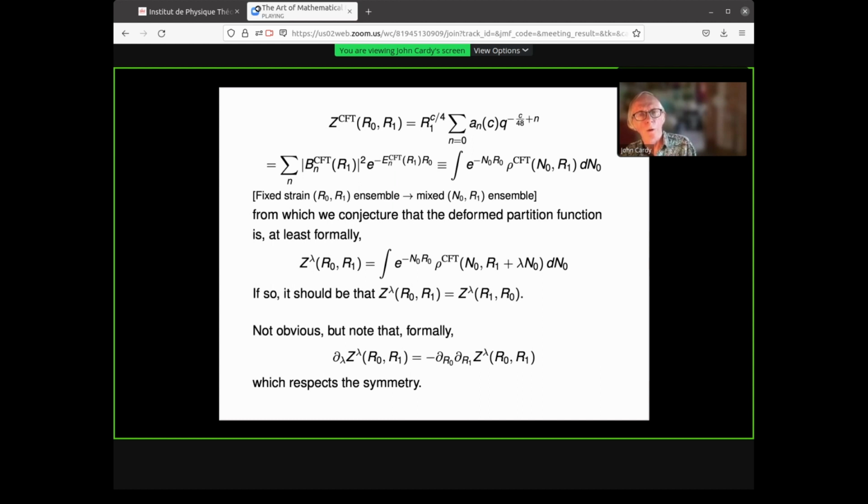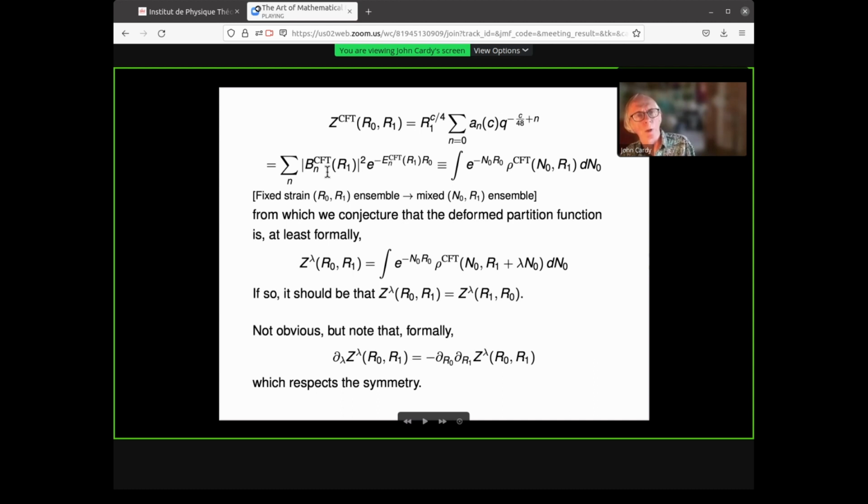So we don't really need the details of this partition function, mainly the fact that it has an expansion in powers of Q, which we can think of as a spectral decomposition of the partition function in terms of eigenvalues of the energy, which we can think of from the Euclidean point of view as just the stress in the time direction.